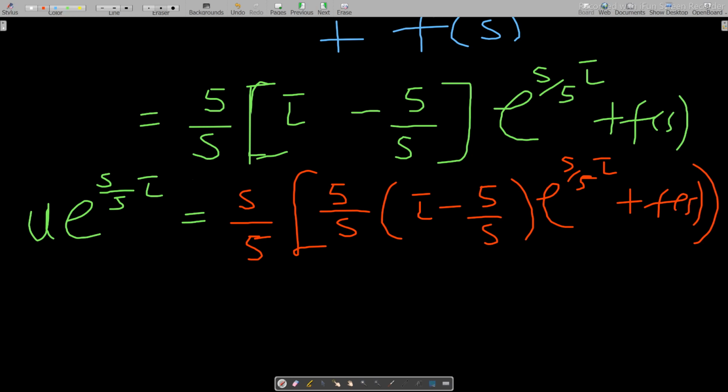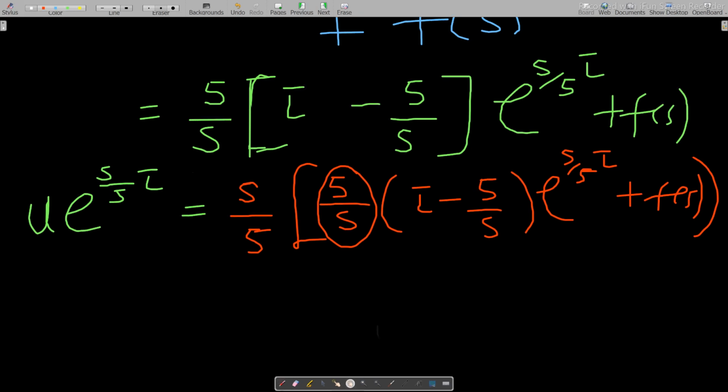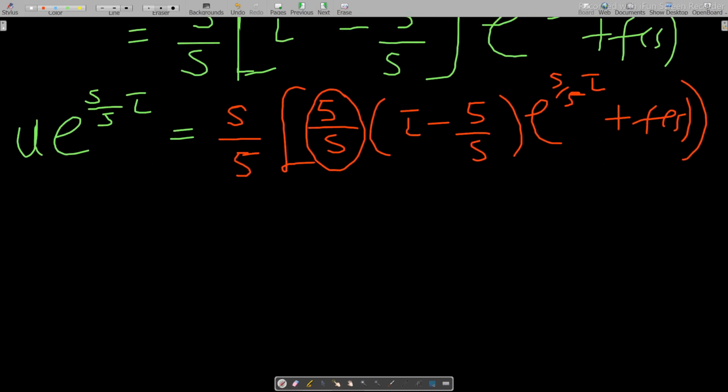So this s over 5, when you multiply this 5 over s, it will go. Since this s over 5 is multiplying through, let me use a different pen, the white pen, so that you get to see it clearly.